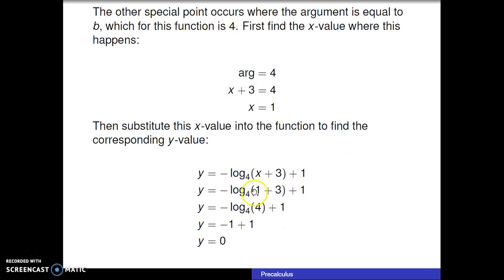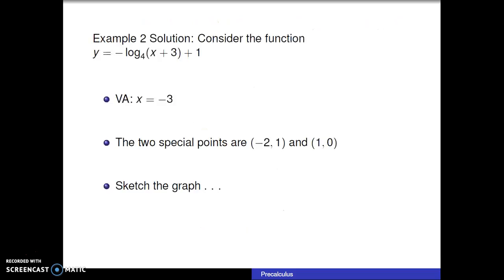Inside the parentheses, we have 1 plus 3, which is 4. No surprise, we wanted the argument to equal 4, and now it does. And whenever the base and the argument are the same, the logarithm is just equal to 1. So this log base 4 of 4 is 1. So we have negative 1 plus 1, which simplifies to 0. So x is 1, y is 0. That gives us another special point, (1, 0).